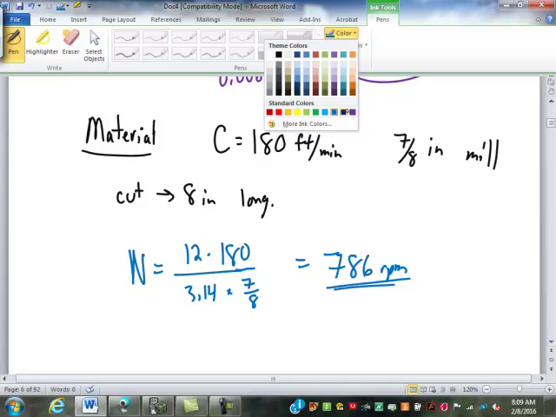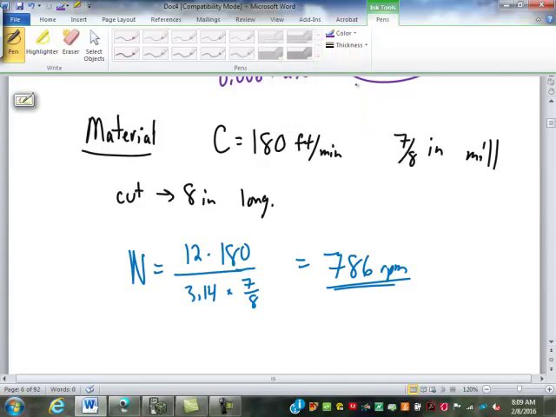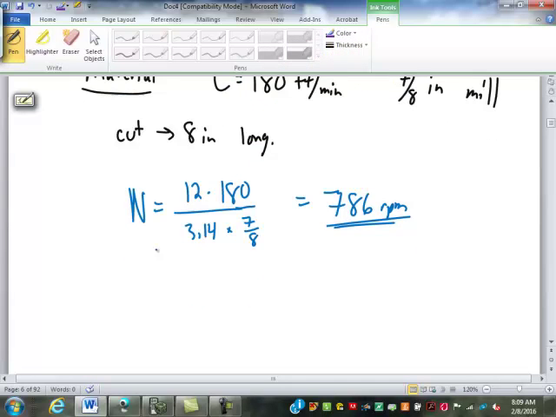Now what? Our time is going to be our length of cut over feed rate times RPM. I didn't give you a feed rate, did I? No. It would make more sense if I gave you a feed rate of 0.005 of an inch per rev.